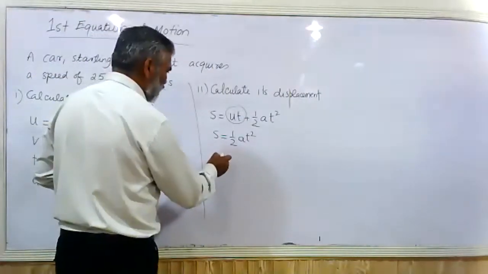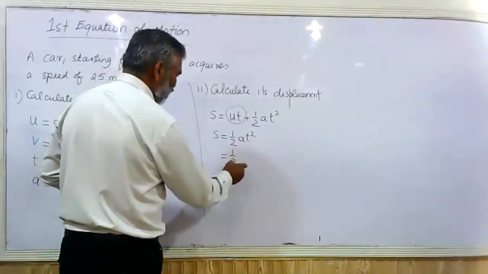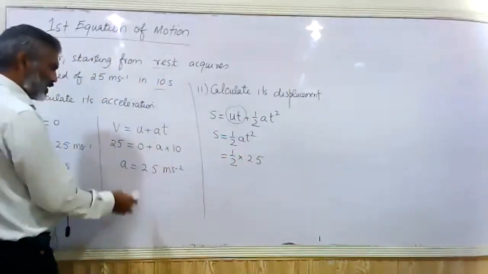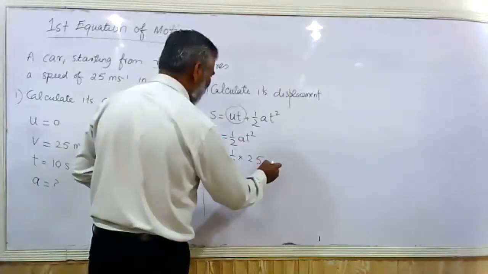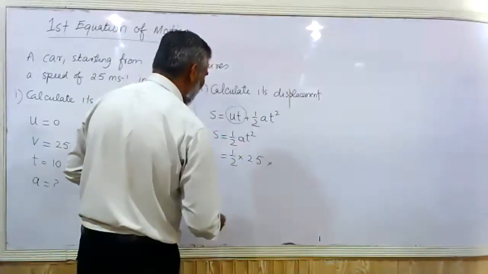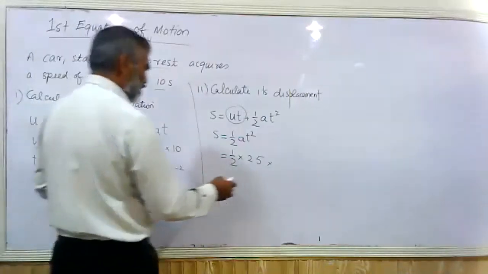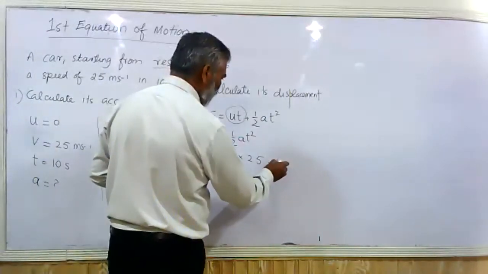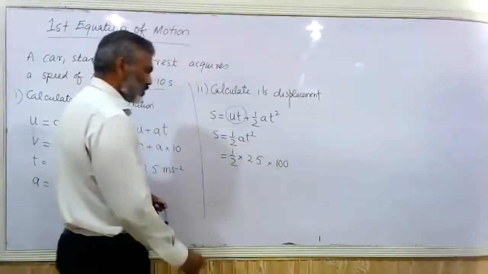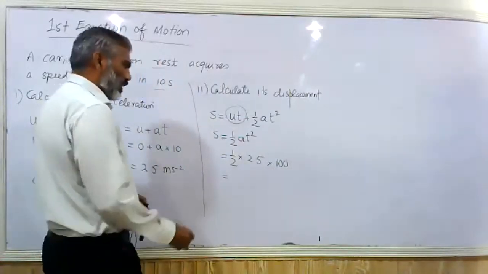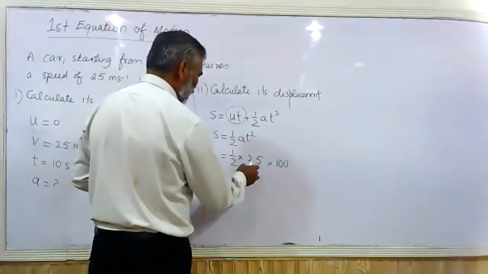So s will be equal to 1 over 2 into 2.5, the acceleration we have just calculated, multiplied by the time for which the object has been moving, which is 10 seconds. So 10 squared means 100.